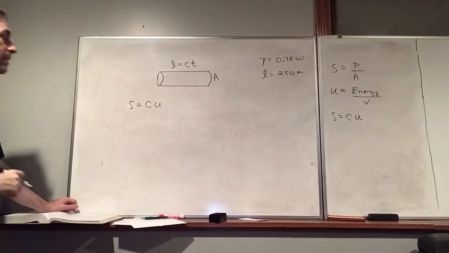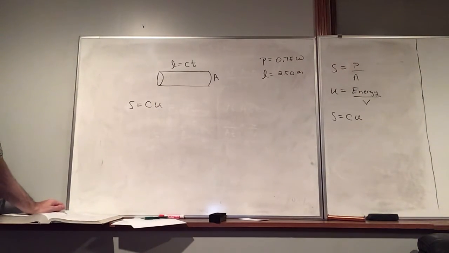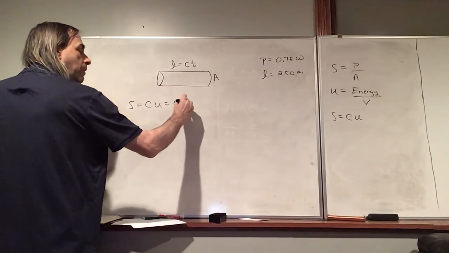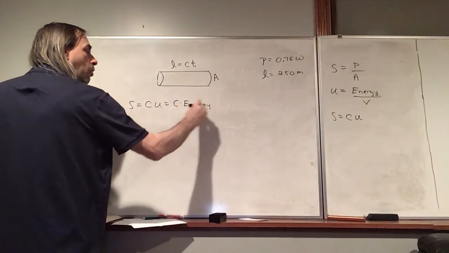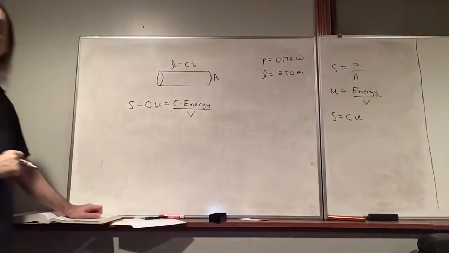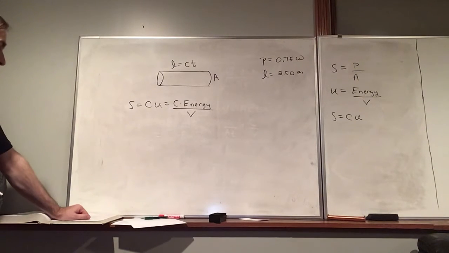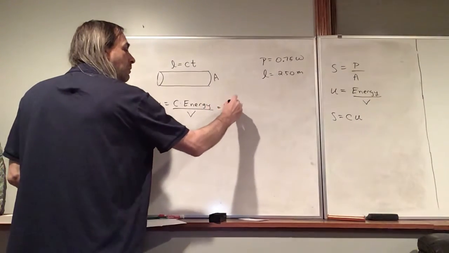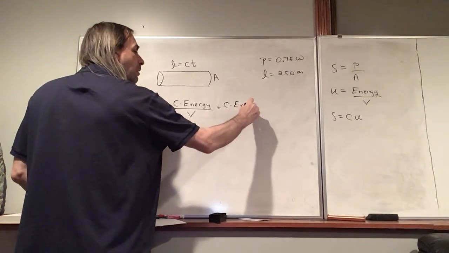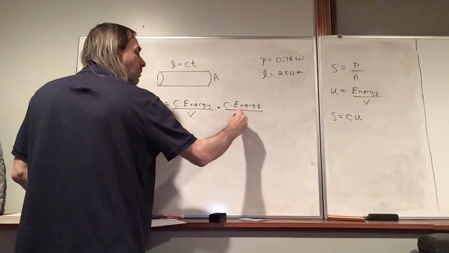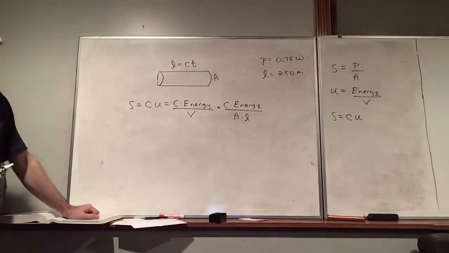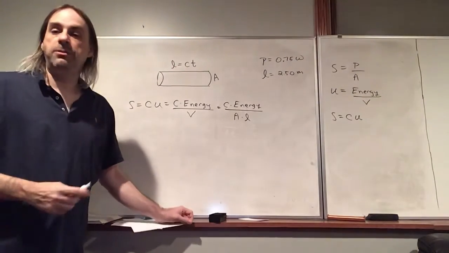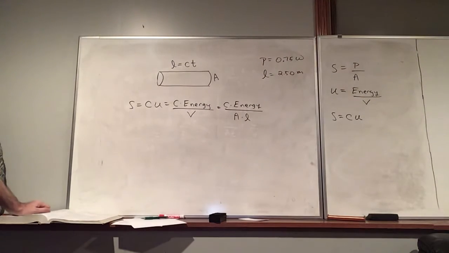So the intensity is the speed of light times the energy density. And energy density, I'll just write out energy over V for volume. And just like before, the volume is A times L. We're not calling it cΔt in this case because we're actually given the length of the beam.